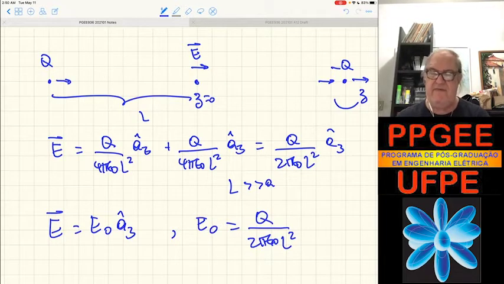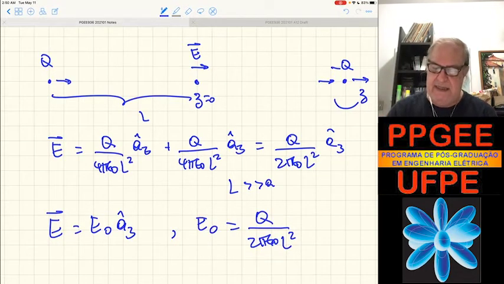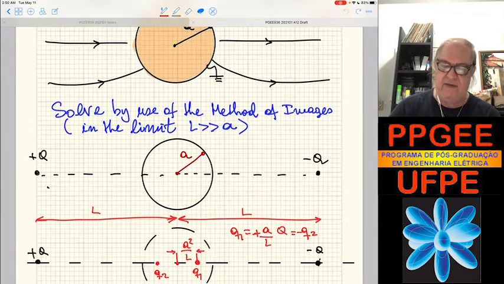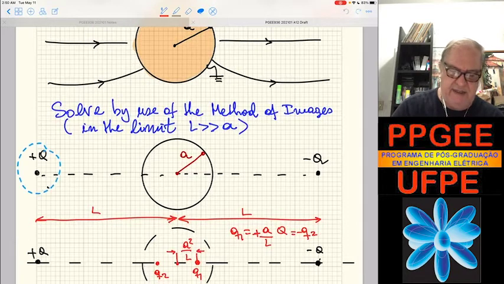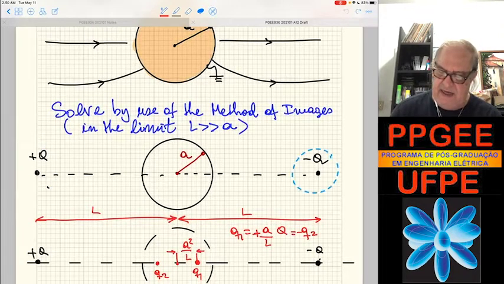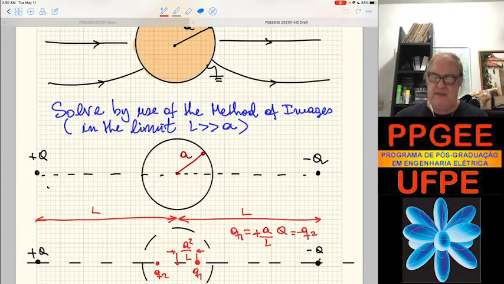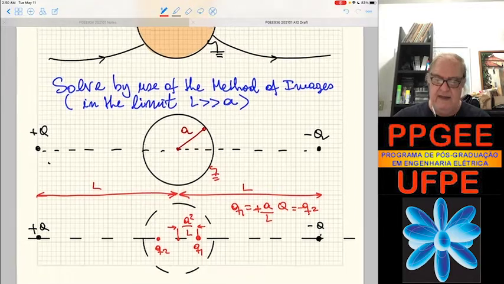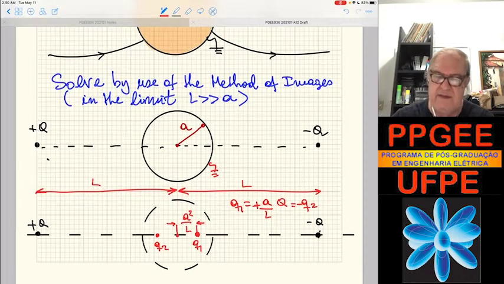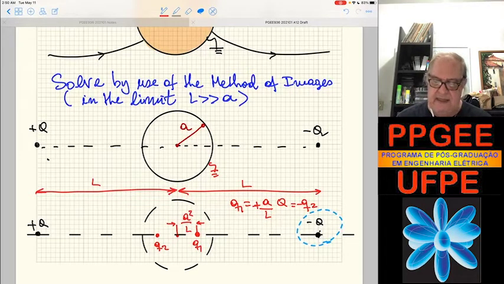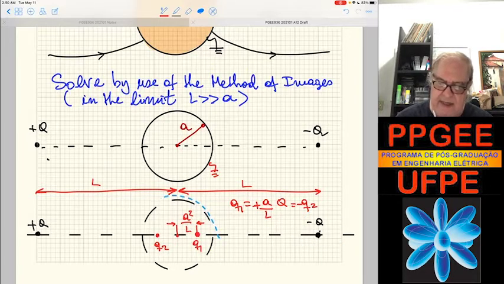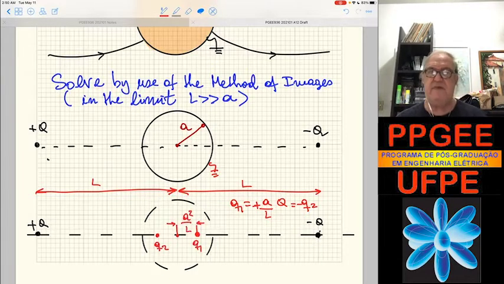So what happens? If we use the method of images, if we go back to the original problem, we have a charge, and we can replace the grounded sphere. This is grounded. We can put an image charge Q1 due to that charge. So with this Q1 and minus Q, we equilibrate the potential on the sphere, so the potential is 0.